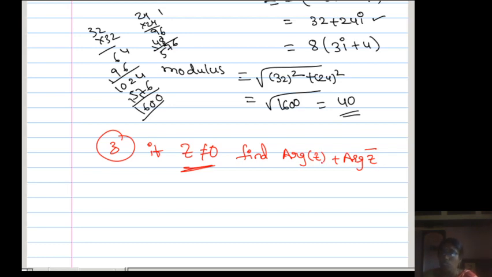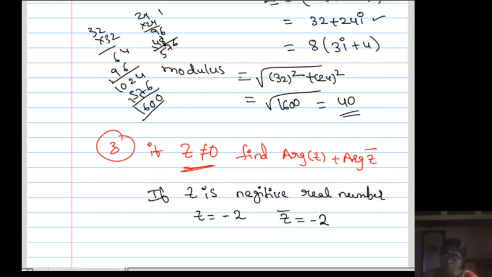For example, you can observe, if z is a negative real number, for example z is equal to -2, what is z bar? -2 only, because for real numbers the conjugate is itself.